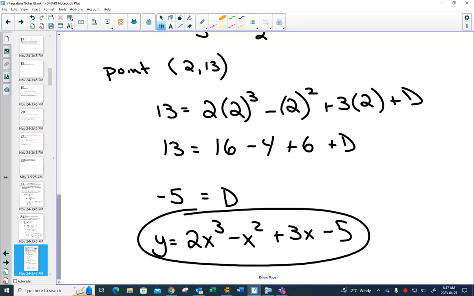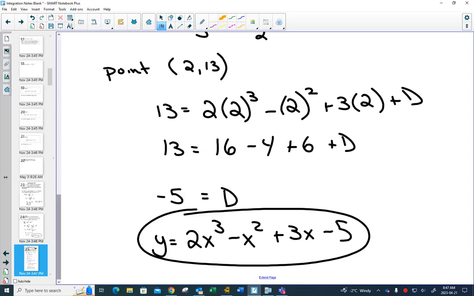And we can solve for our original equation. So this is the basic idea of how you find an actual equation working backwards.